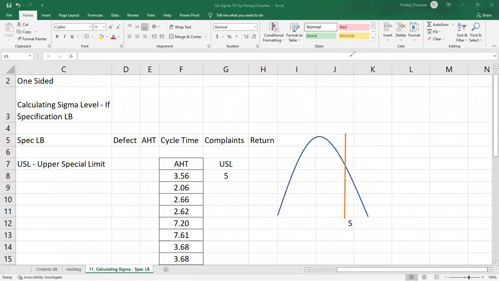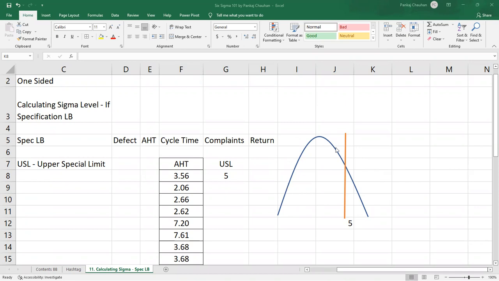Out of 100%, we will calculate how much percent of data is meeting the specification. That is part of your good, and any data on the right-hand side of the orange line is your defect data. So the quality data on the left-hand side, or 100% minus defect data, becomes your yield, and we can easily convert yield into the sigma level.